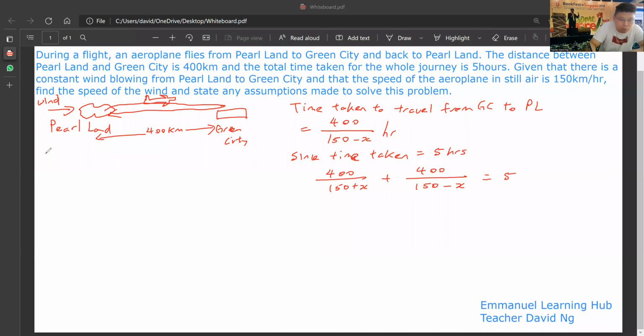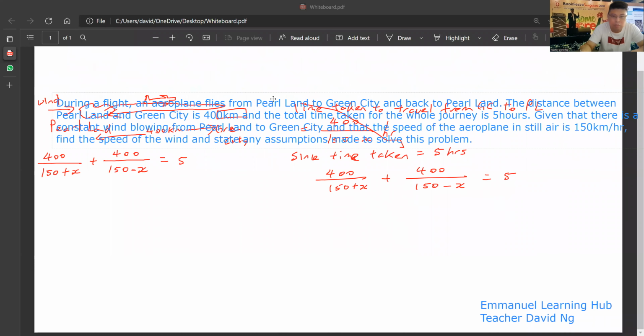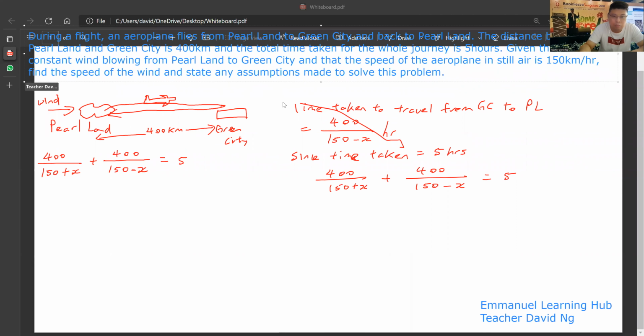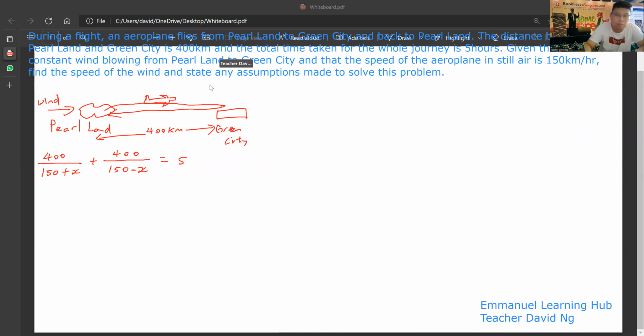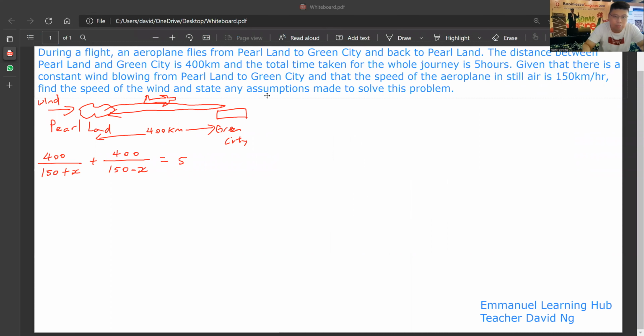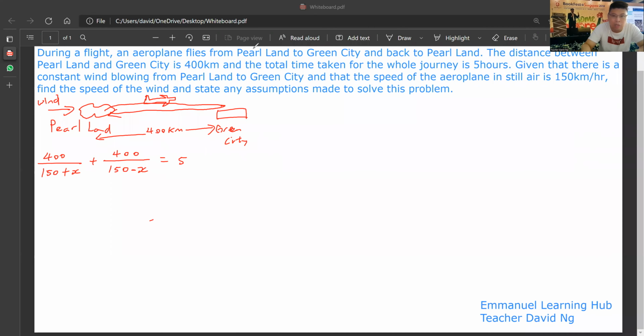So this is the equation I'm supposed to solve.